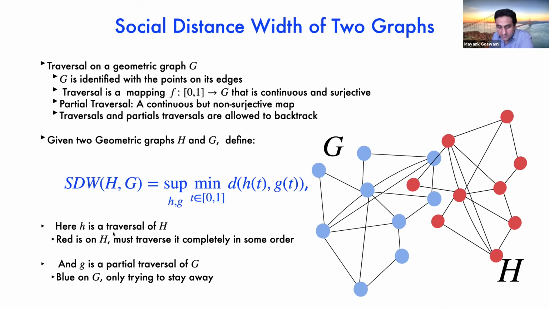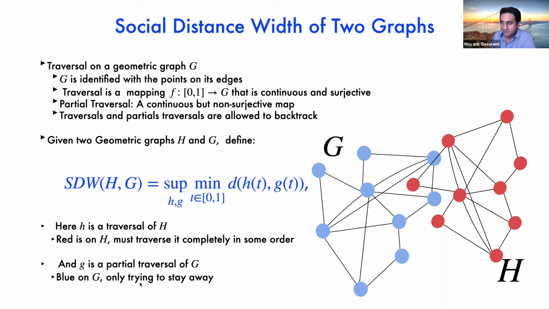So H is a full traversal of the graph capital H, because that is the graph where red is, and red is basically on a mission and it has to traverse it completely in some order. So it has to visit all of this graph capital H. Blue, on the other hand, is on G, and blue is just trying to stay away.